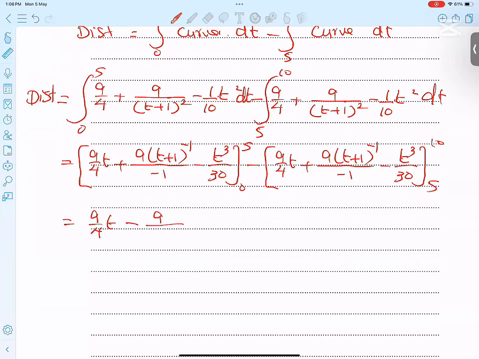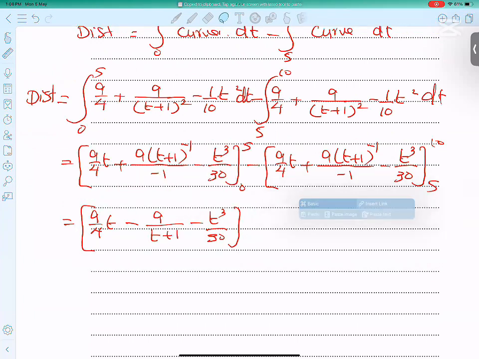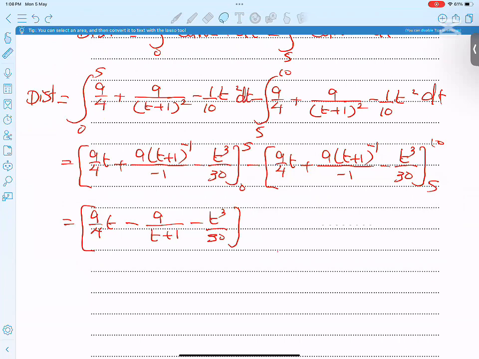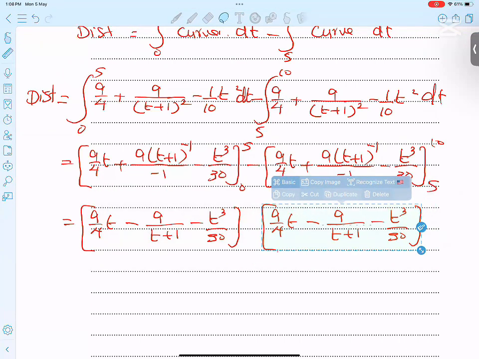So 9 over t plus 1 and negative t to the power 3 over 30. And limits I'm writing later. First, I will copy and paste. Wait a minute. So I'm pasting here, and negative here 0 to 5, here 5 to 10.